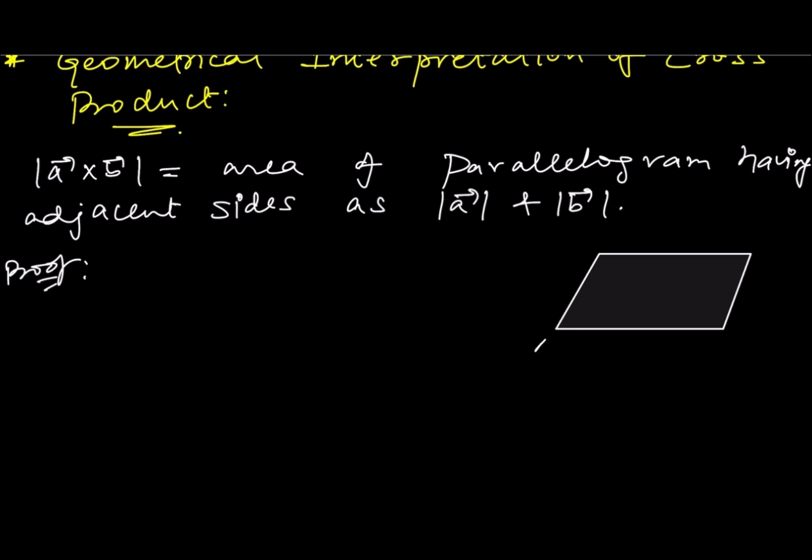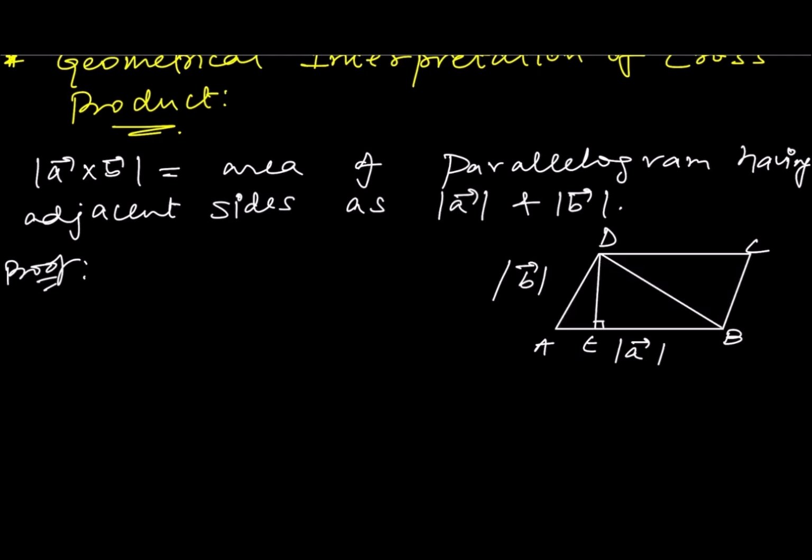Okay, so let us see its proof. Say this is ABCD, a given parallelogram having adjacent sides mod of A vector and mod of B vector. So D is the height of the parallelogram, which is given by mod B sine theta, where theta is the angle between A vector and B vector, or the angle between adjacent sides.